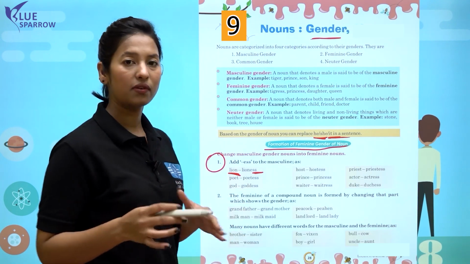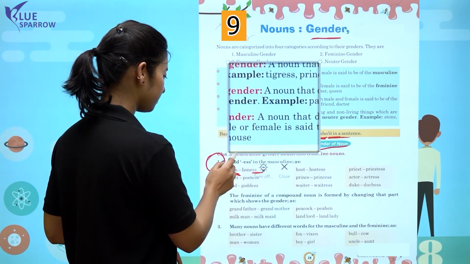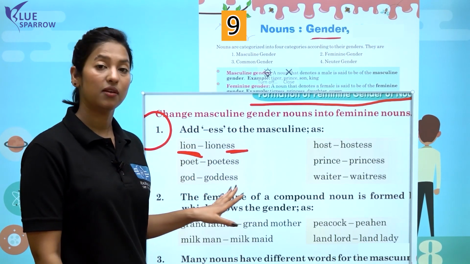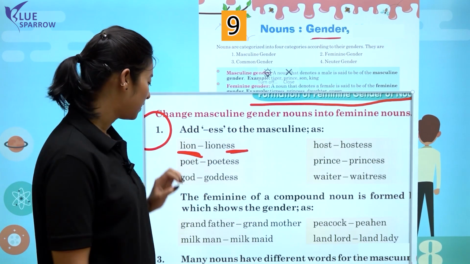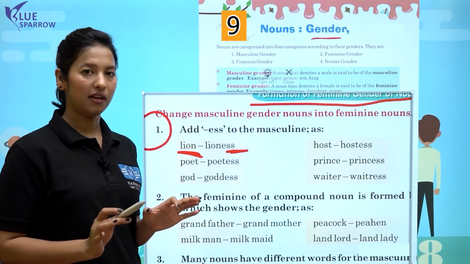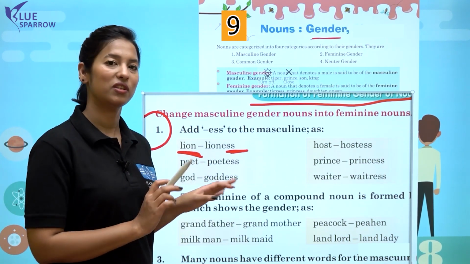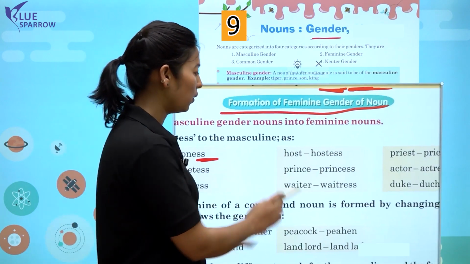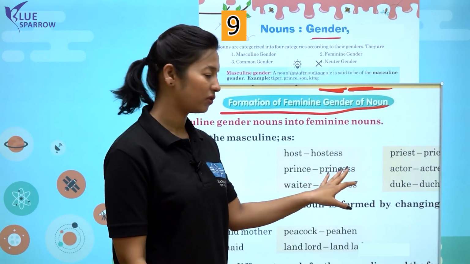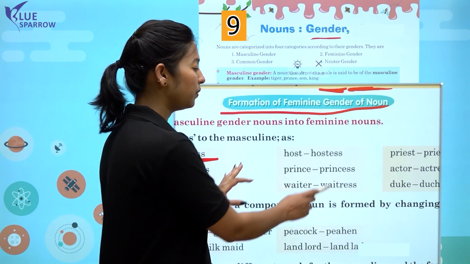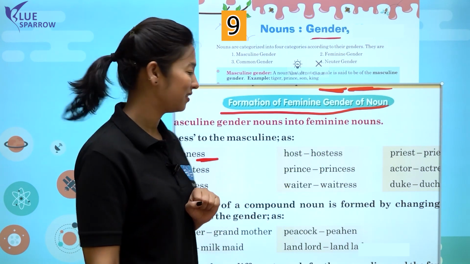Similarly, we have other examples. We can see here, poet is masculine and poetess is feminine. God is masculine and when we add ESS to it, it becomes goddess, which is feminine. Host is masculine, hostess is feminine. Prince is masculine and princess is feminine.